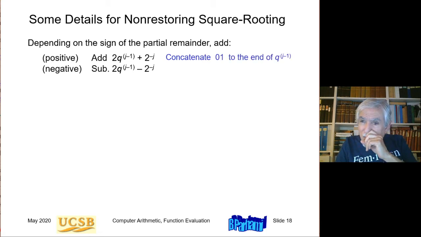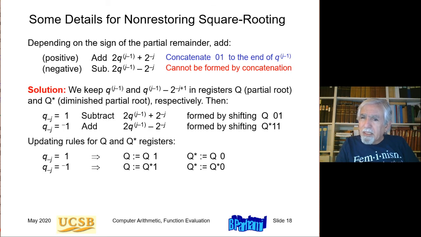So remember that the number 2qj minus 1 plus 2 to the minus j is formed by concatenating 0, 1 to the end of qj minus 1. This other number cannot be formed by concatenation, but here is what we can do.